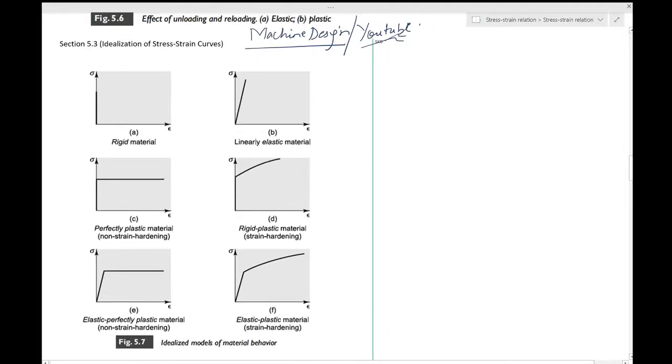In any problem in mechanics of a deformable body, we need to know the physical relationship between stress and strain. That's the whole point of this entire chapter. The stress strain relation, together with the equilibrium equations and the strain displacement relations, must be satisfied at every point in a deformable solid. So this is the crux.